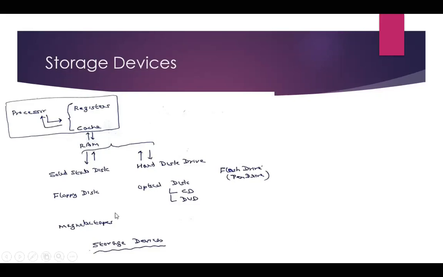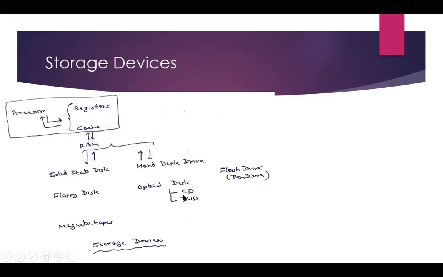Magnetic tapes are basically the ancient systems of storing. In magnetic tapes, data is stored linearly on the tape, unlike in SSD, floppy disk and optical disk, where data is stored in a circular fashion.